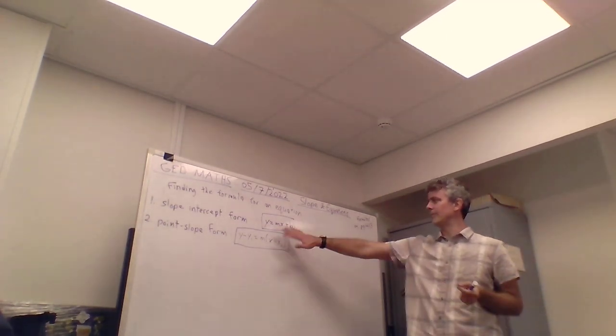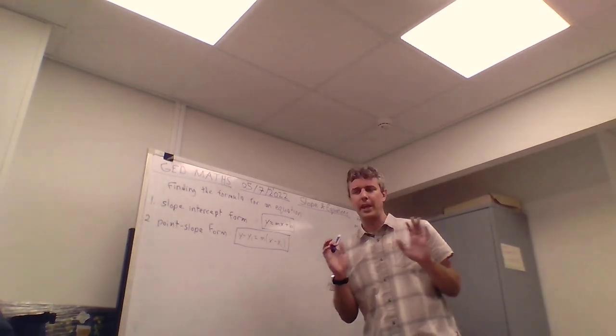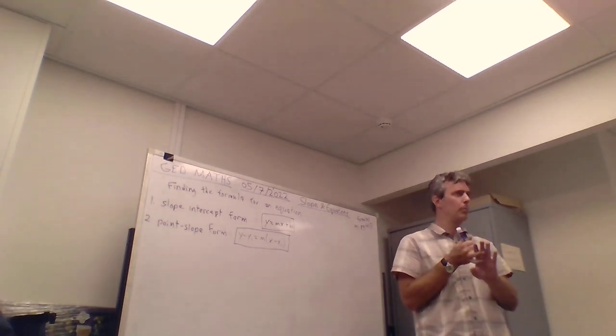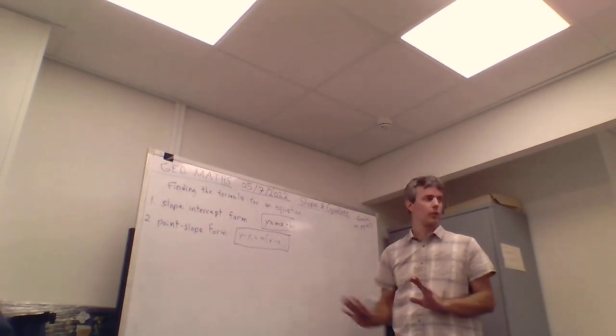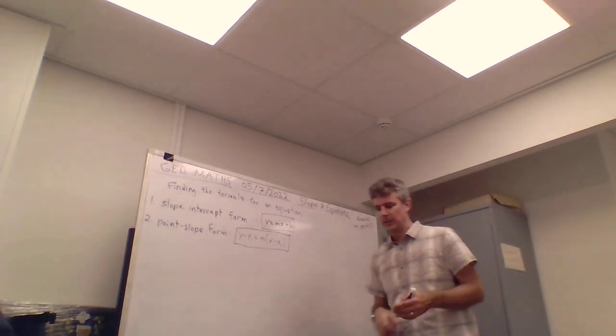Alright, so we have these two. And basically, what you can do with these is a way of saying, if I know one point and the slope, I use these formulas to solve for the equation. Right?